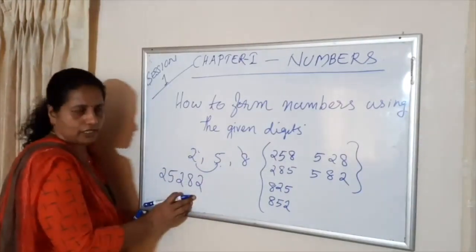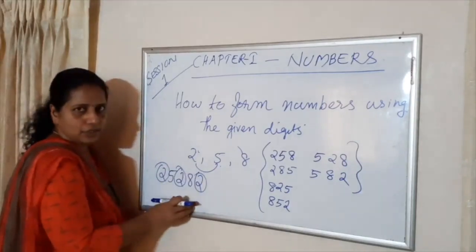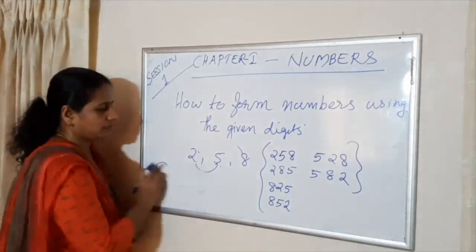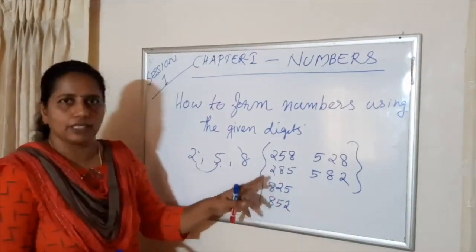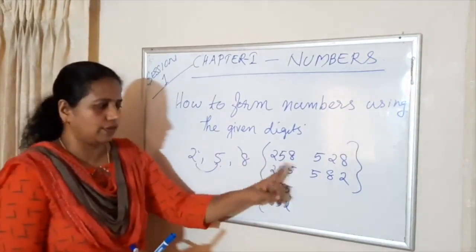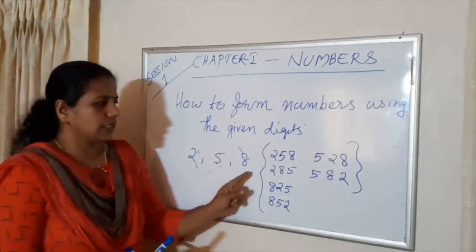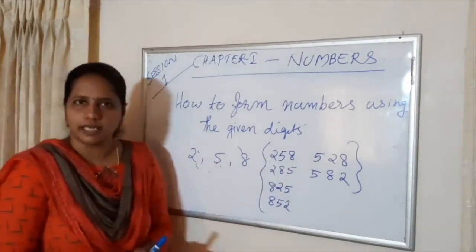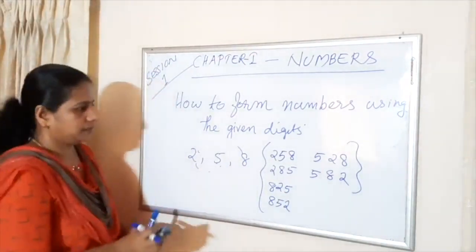This is a 5-digit number using the same digit 2. So here we are only talking about numbers without repetition. Using the given digits 2, 5, 8 we can make 6 numbers. Clear? Okay.